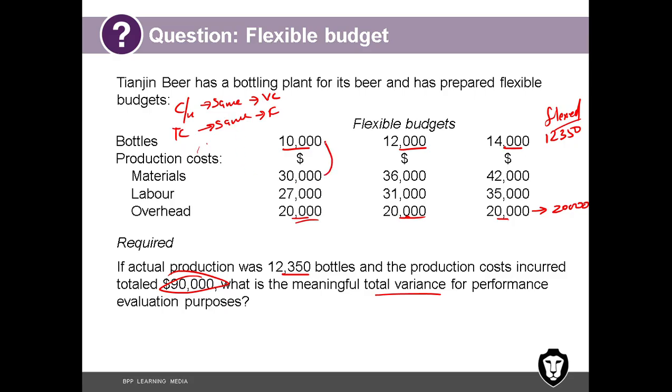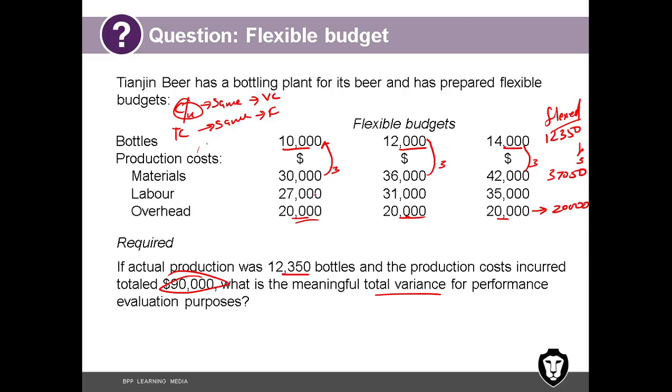Check here, 30,000 divided by 10,000 is 3. 36,000 divided by 12,000 is also 3. 42,000 divided by 14,000 is also 3. So in all the cases, unit cost is 3. Since cost per unit is same, it is a variable cost. So here also I can multiply by 3 and write the answer. 12,350 into 3 will be 37,050.